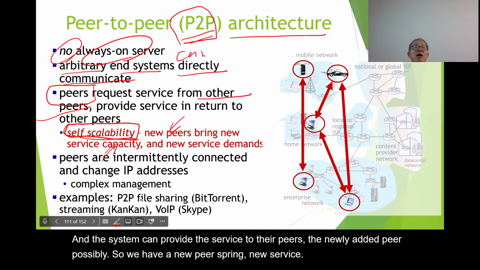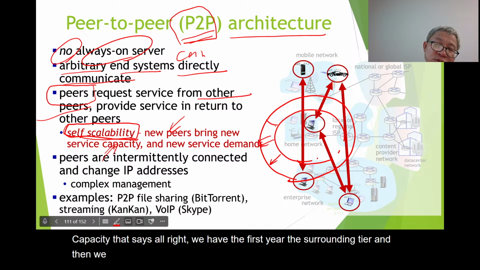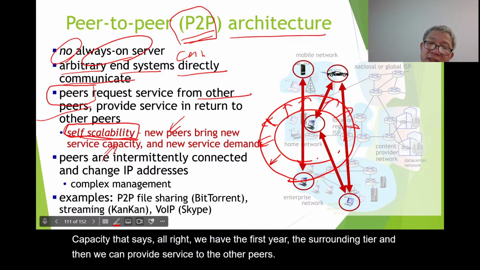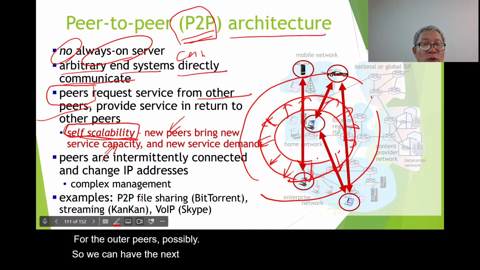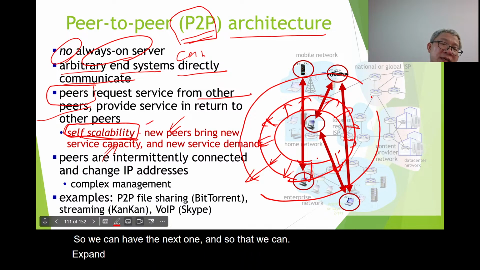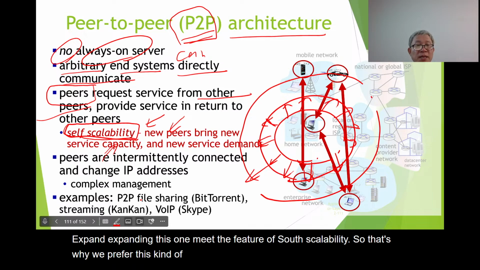That says, all right, we have the first tier, the surrounding tier, and then we can provide service to the other peers, the outer peers, possibly. So we can have the next one, and so that we can expand, and this meets the feature of self-scalability. So that's why we prefer this kind of architecture, P2P architecture.